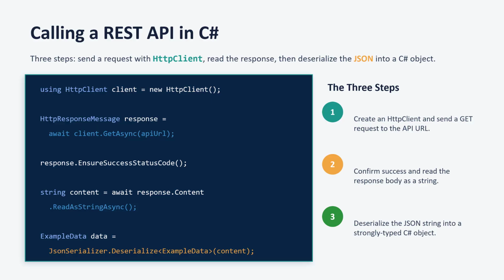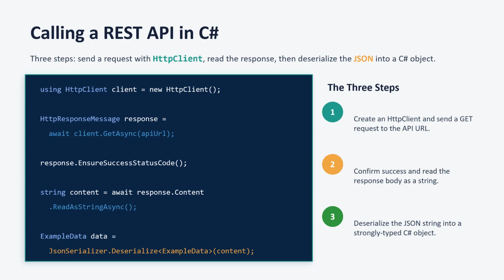And when we specify the type we expect, so ExampleData, there is the type, that would be a class that we have defined. When that line runs, data.id and data.name are usable and strongly typed C# properties, even though a second ago, before we deserialized, they were just text.